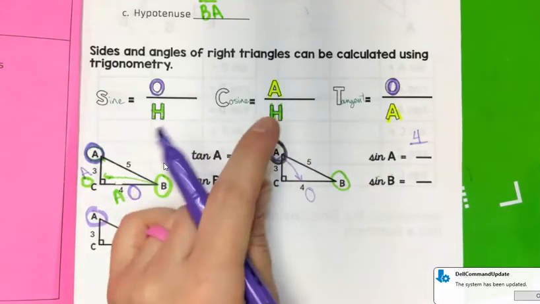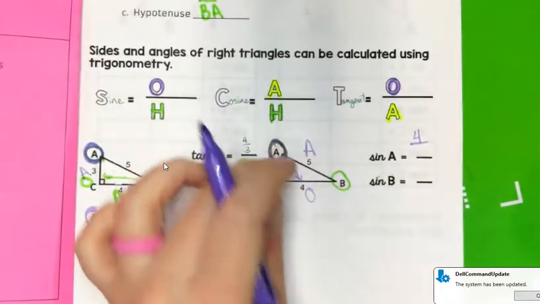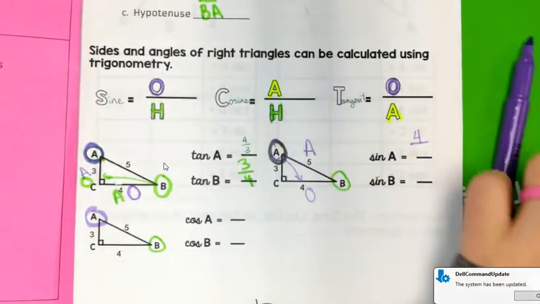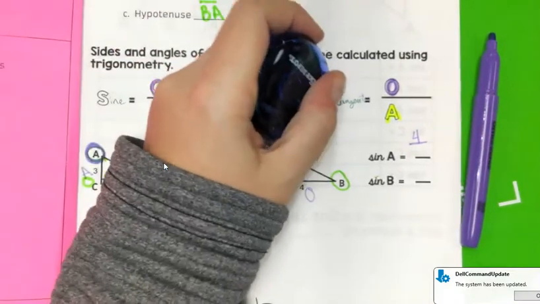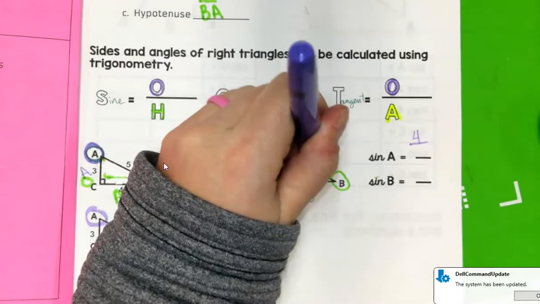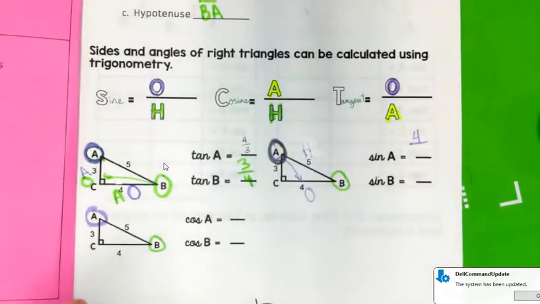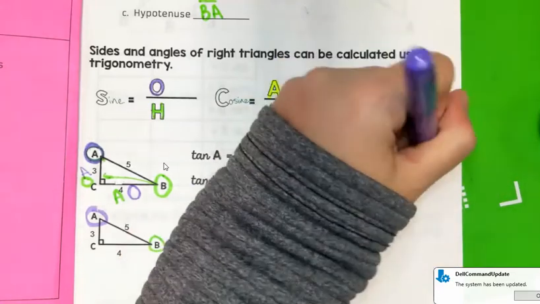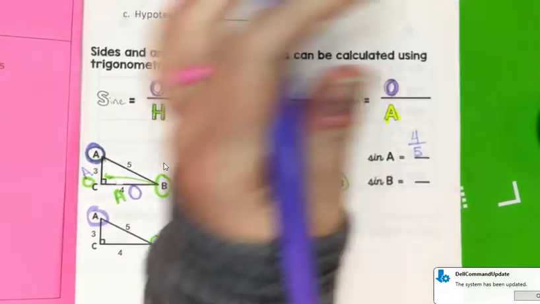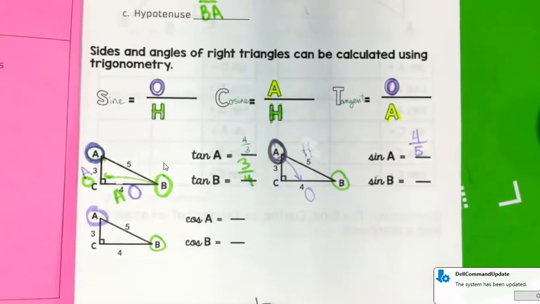So my hypotenuse is always going to be the one across from the right angle. Oops, did not mean to write that. It's right, H. So no matter if we're using A or B, the H will stay the same. So 5 will be the hypotenuse. So if we're looking for the sine of A, it's going to be 4 over 5.